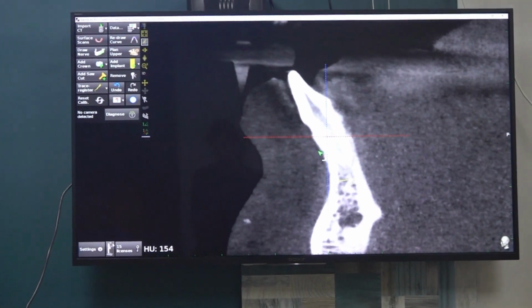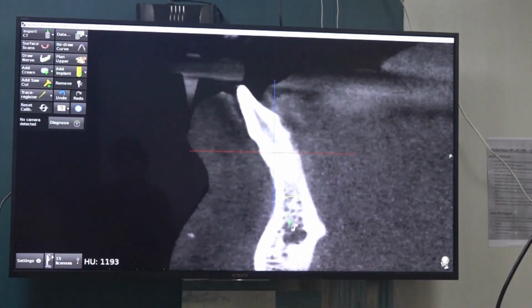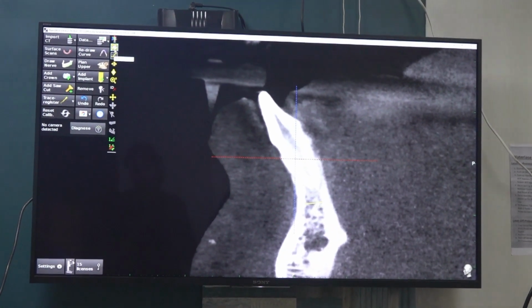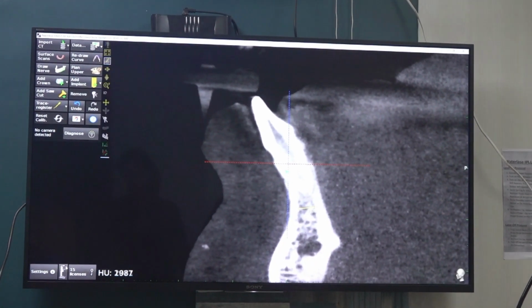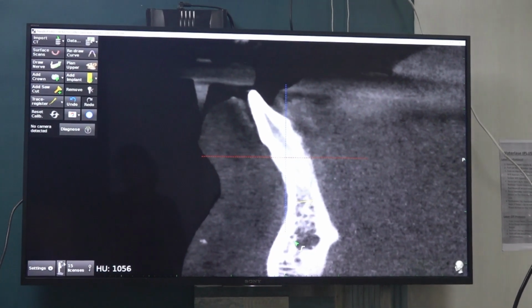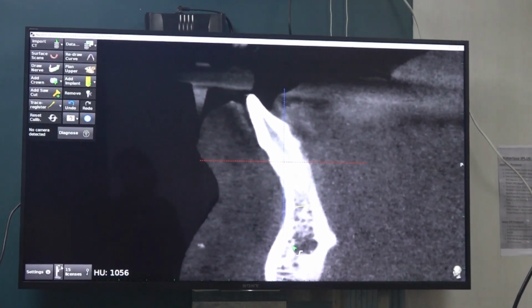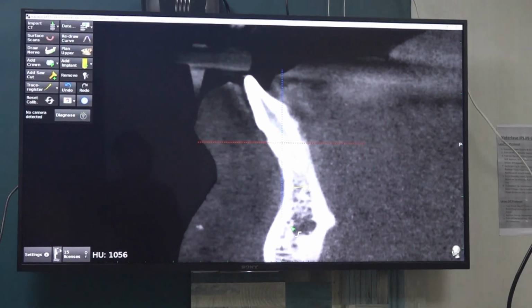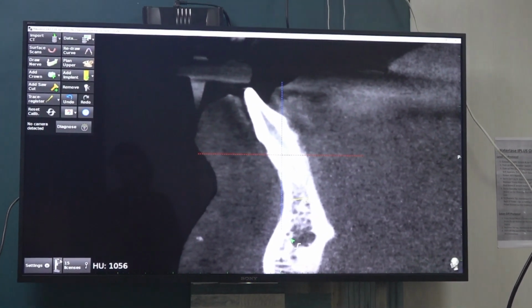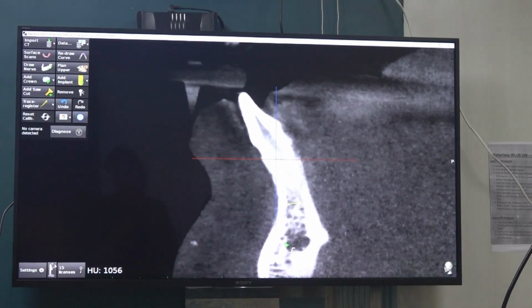So one is the labial bone, and another one is the intramedullary bone quality. So what is the challenging situation? There is no labial bone, and the intramedullary bone is also cancellous. There is no labial bone, so you have to choose basal, but the intramedullary bone is cancellous.